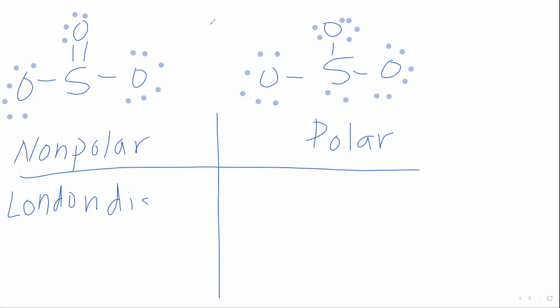I'm just going to call it London dispersion, LD here. Both of those have London dispersion because they're molecules and they have atoms. And their atoms have electrons. And the electrons are what make that happen. Okay. That's all there is. When you're polar, you can also have a dipole.